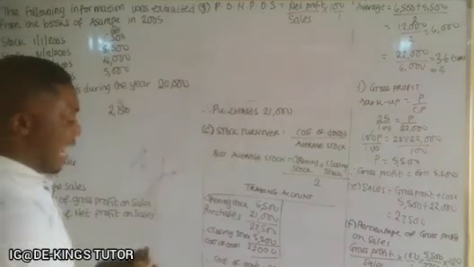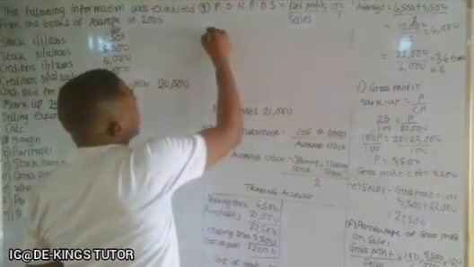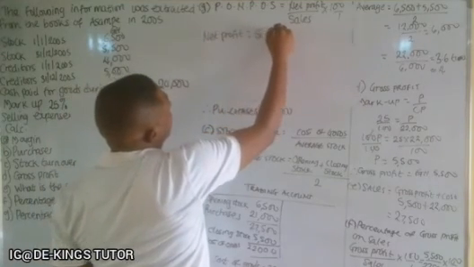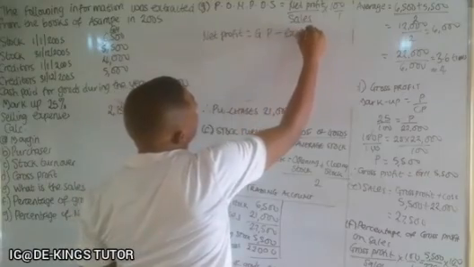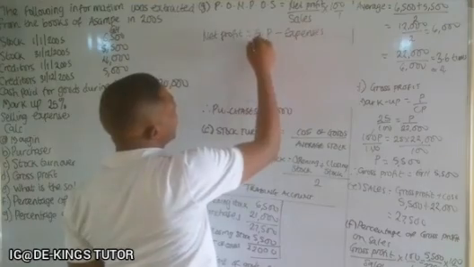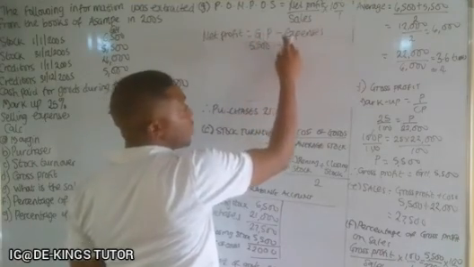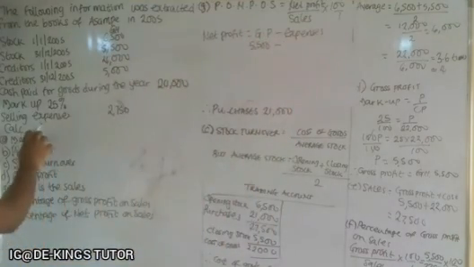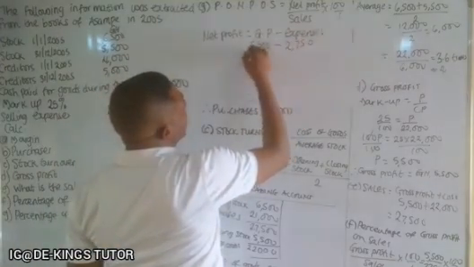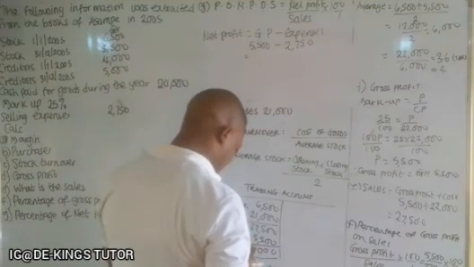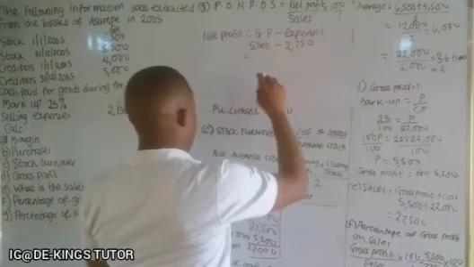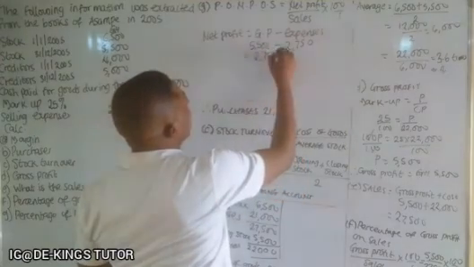Net profit is equal to the gross profit minus expenses. We already have gross profit as 5,500, minus, watch here, selling expenses 2,750. So 5,500 minus 2,750 gives us 2,750. So that's the net profit.